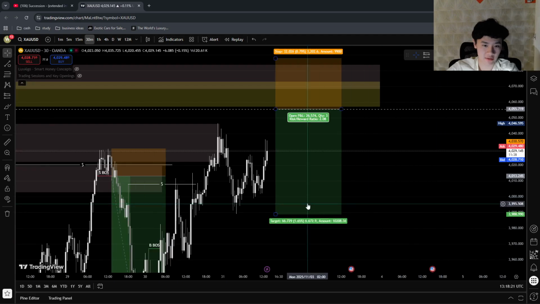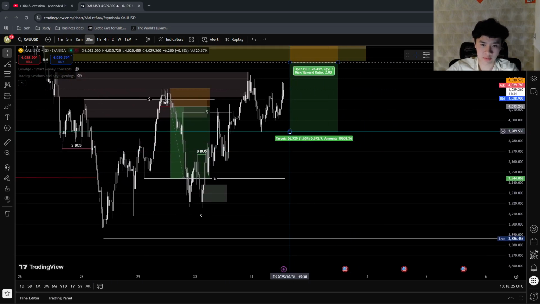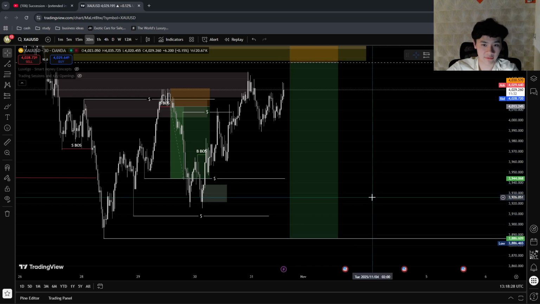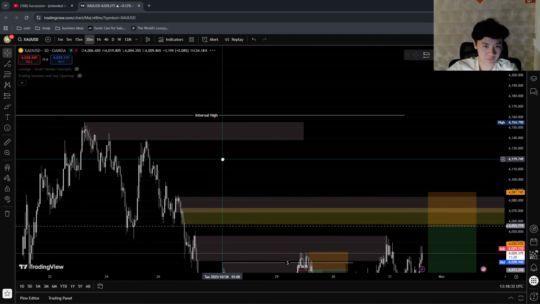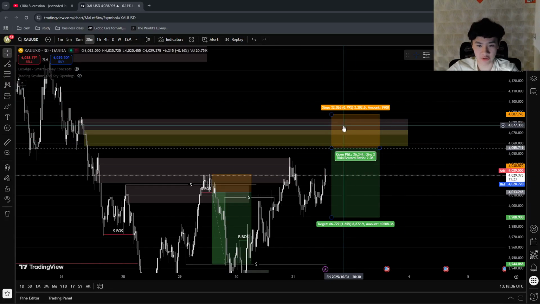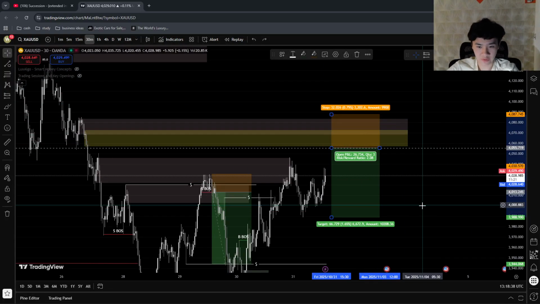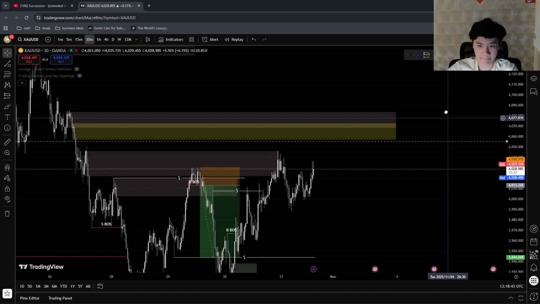And if I have more balance, then I'll probably enter another trade and let it fly to these liquidity zones down here, of course if I find a good entry. Regardless, that's it for today.